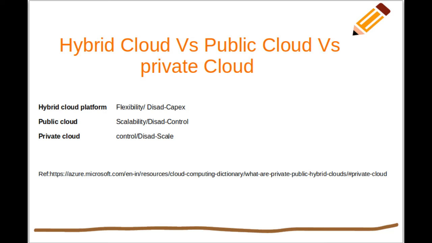Let's take an example. If some legacy application has a component that is limiting the hosting of that application inside the cloud, then we can park that legacy component in the private cloud, and the rest we can modernize and push to the cloud.